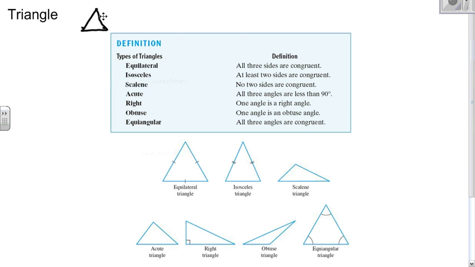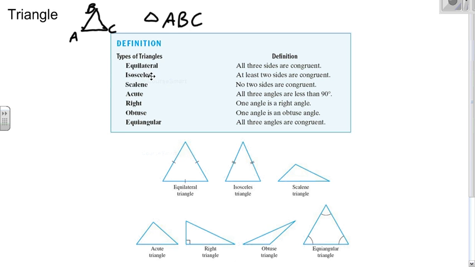Triangles have 3 sides, 3 angles, and 3 vertices, the plural of vertex, vertices. And you name it just by naming the points around in order with a little triangle symbol first. So this would be triangle ABC.